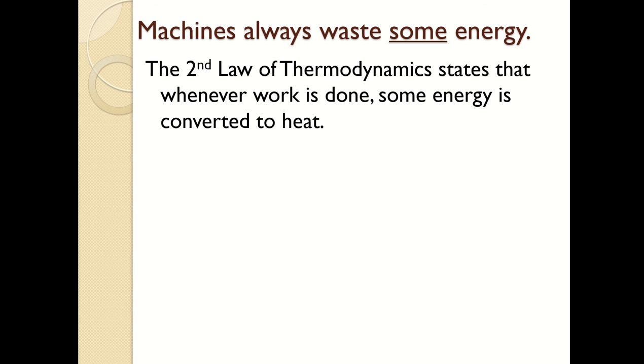You're going to see more of the second law and first law of thermodynamics in your chem class if you take chemistry, and definitely more later on in physics class. So in simpler terms, the second law of thermodynamics states that whenever work is done, some energy is converted to heat. You have to remember that for Physics 11. So whenever you transfer or transform energy from one type to another, some of it will be lost to heat.